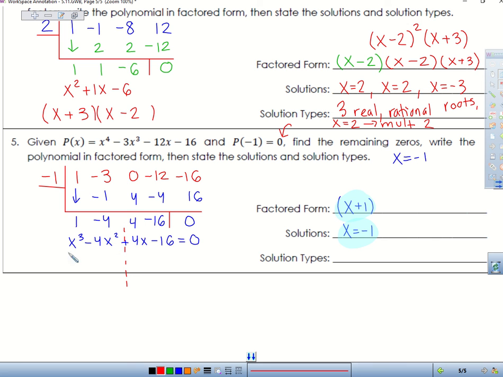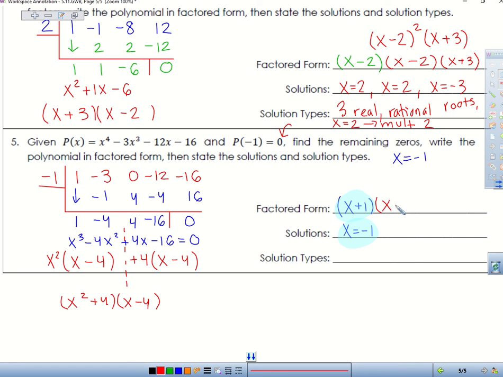What can I factor out on the left here? X squared. Which leaves me with x minus 4. Good. Over here we can take out a positive 4, x minus 4. Good. So this leaves me with x squared plus 4 times x minus 4. That's how factor by grouping works.